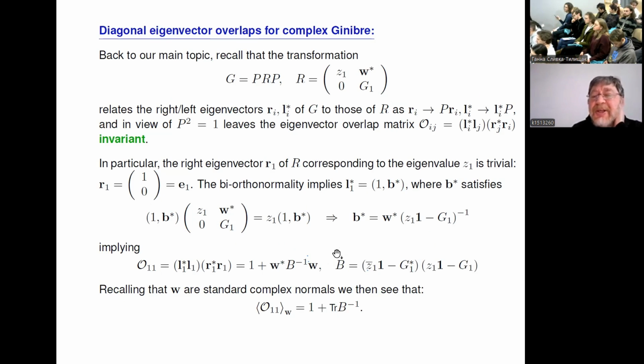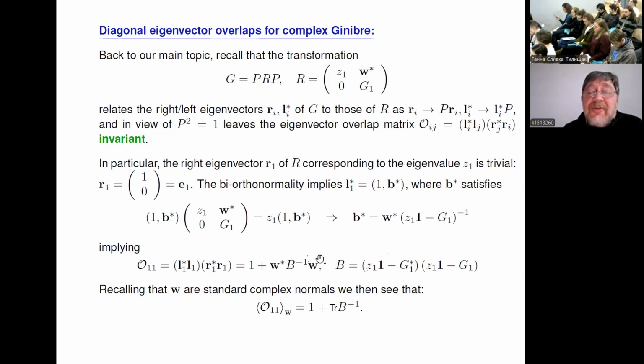This matrix B is a Hermitian matrix, positive definite, even strictly positive, so it is invertible.